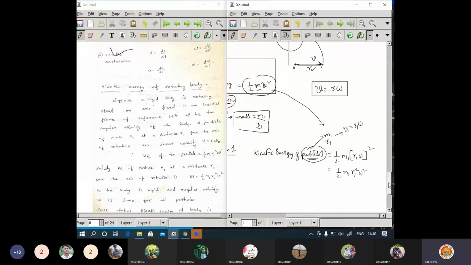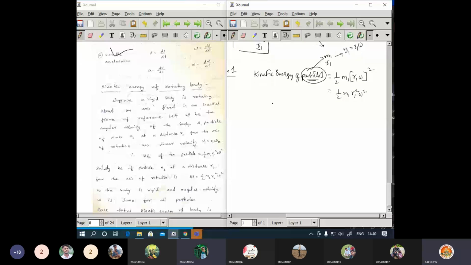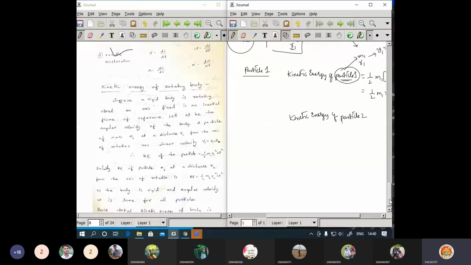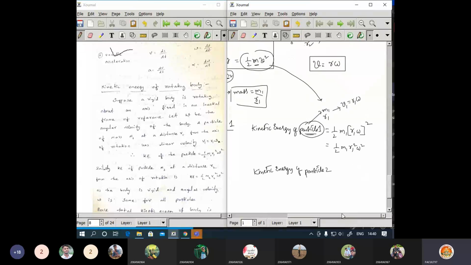Now let us write the expression for the kinetic energy of particle 2. What information is given regarding particle 2? m2 is the mass and r2 is the position.